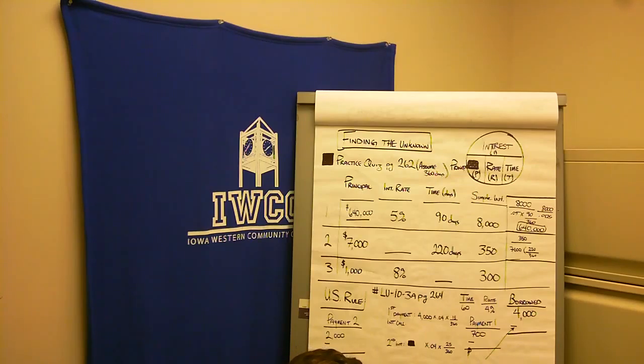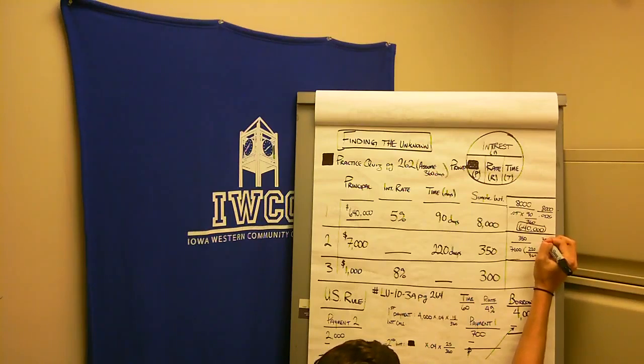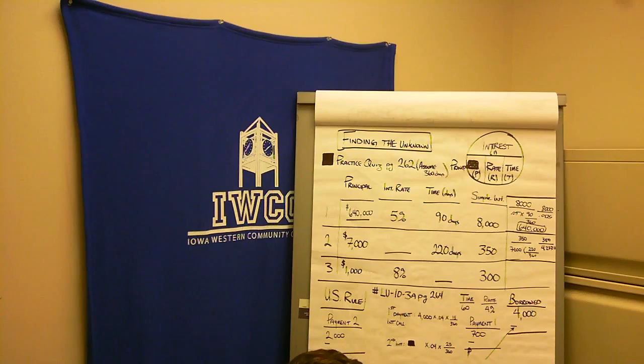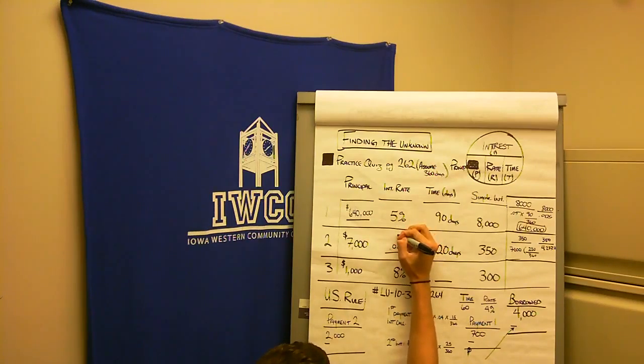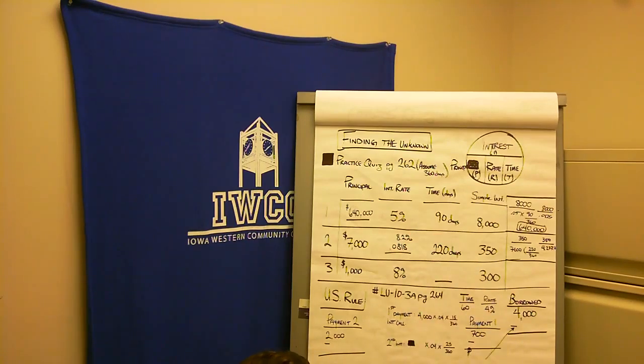And we times it by 7,000, we get basically 350 divided by 4,277.7 with the remainder, and so the interest rate comes up with 0.0818. So you're getting an interest rate of about 8.2%.